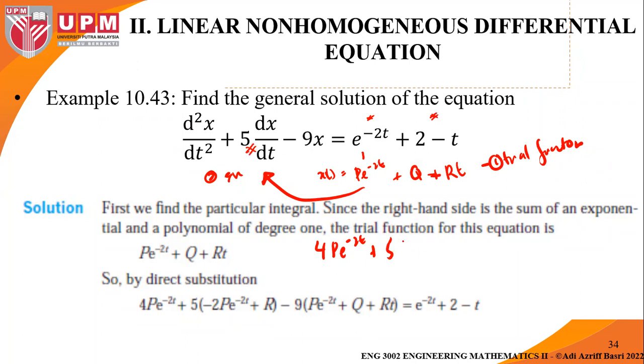Differentiate one time: the first one becomes negative 2p exponent negative 2t, differentiating q becomes 0, differentiating rt gives r, minus 9. And your trial function is p exponent negative 2t plus q plus rt, equal to these functions. So you get your main equation here.